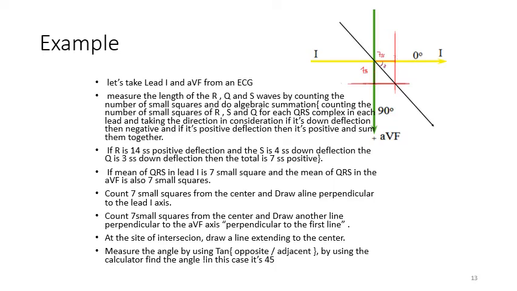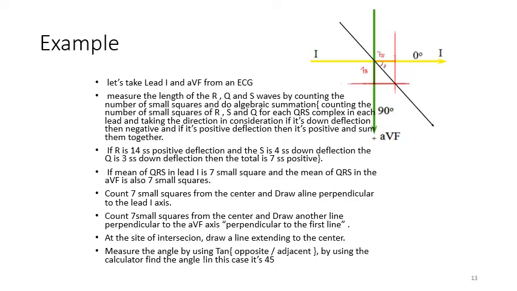So if R was, for example, 14 small squares positive, and the S is 4 small squares in the negative direction, it should have a negative sign. And if Q was 3 small squares, also a downward deflection, it will have a negative sign. Then the total is 14 minus 4 minus 3, so it is going to be positive 7.